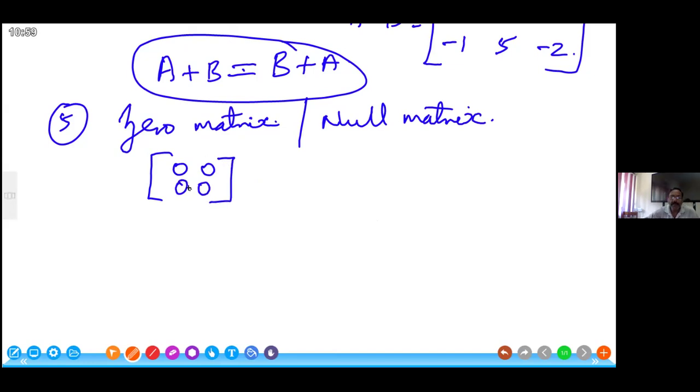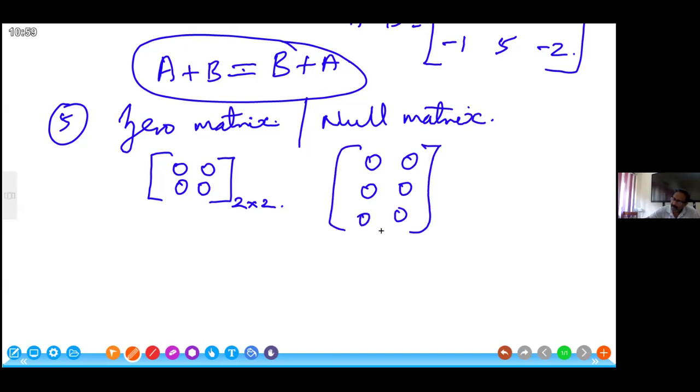This is a 2 into 2 matrix, right? Another one is a three into 2 matrix. Likewise, you can write any zero matrix. All the elements are 0, right?